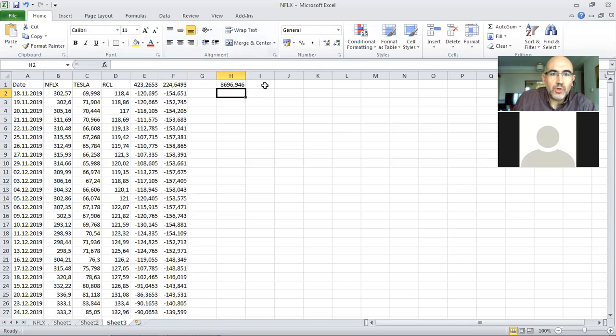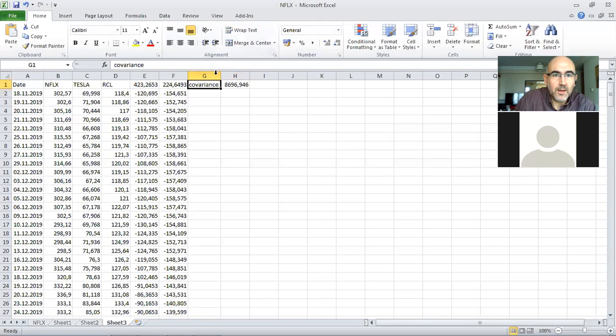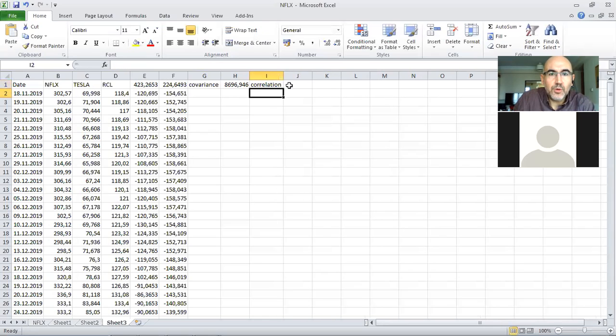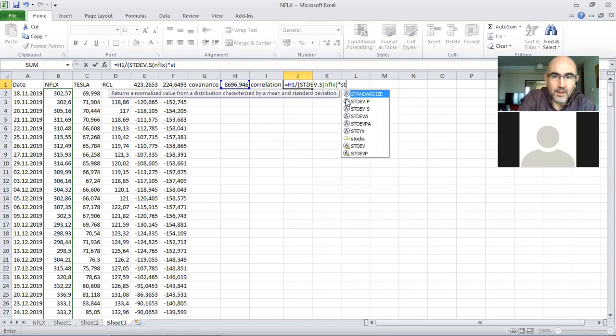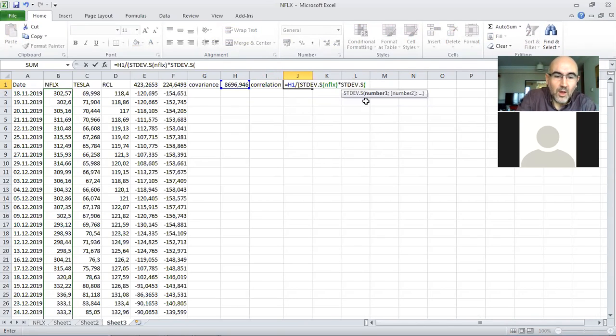If I want to convert that to correlation, so this is the covariance, I have to take that value and divide it by the standard deviation, using the sample formula, of Netflix multiplied by the standard deviation of Tesla, closing the parentheses.